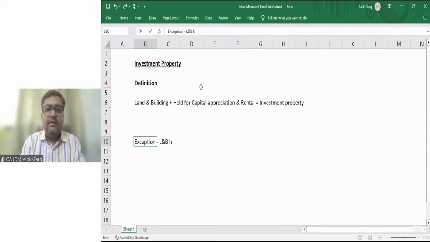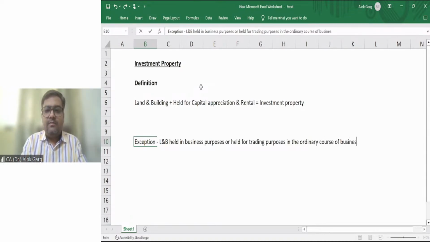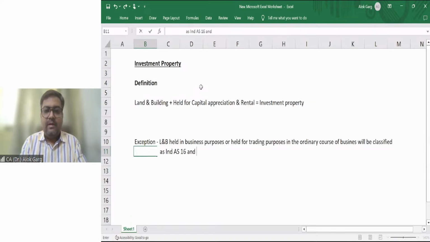Land and building held for business purposes or held for trading purposes in the ordinary course of business will be classified as Ind AS 16 and Ind AS 2 respectively.